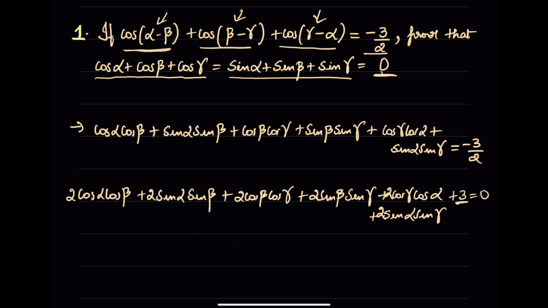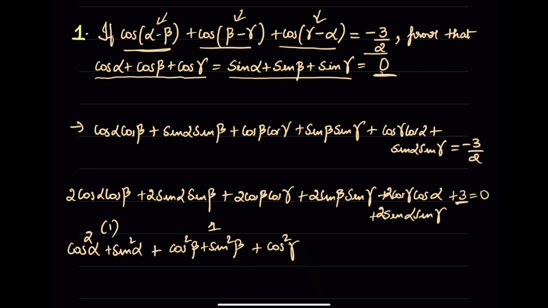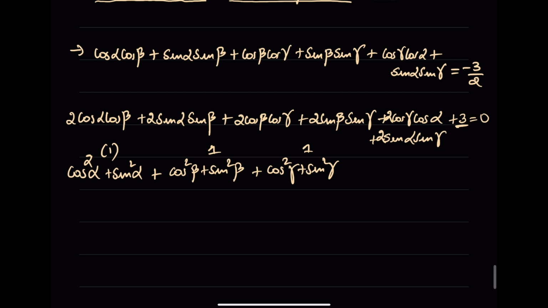So we would have, this is the first one, cos square alpha plus sin square alpha, plus cos square beta plus sin square beta, this is the second one, then cos square gamma plus sin square gamma, so this is one again. Then let's write plus whatever is remaining in the equation.